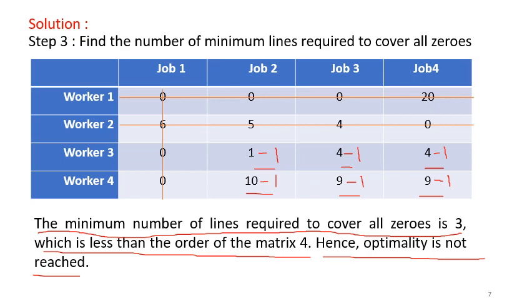Add that minimum element of 1 to that element where two lines are passing, that is, wherever elements are lying at the intersection of two lines. You can see here this 0 is lying at the intersection of a horizontal and a vertical line. Similarly, this 6 is lying at the intersection of a horizontal and a vertical line.